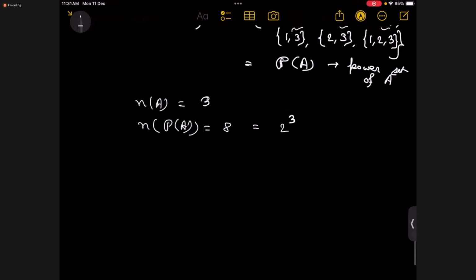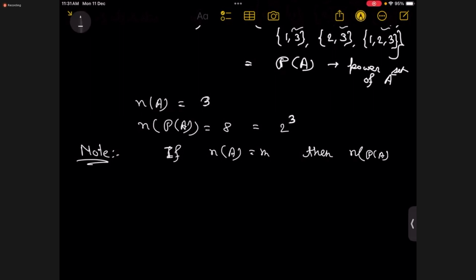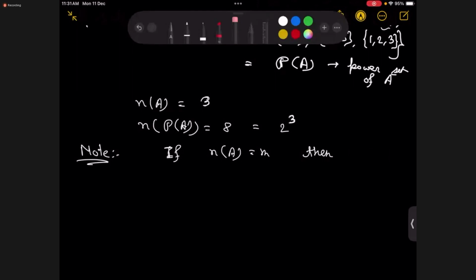So note that if n of A equals m, then n of P of A equals 2 to the power m, where n of A stands for the cardinality of that set.